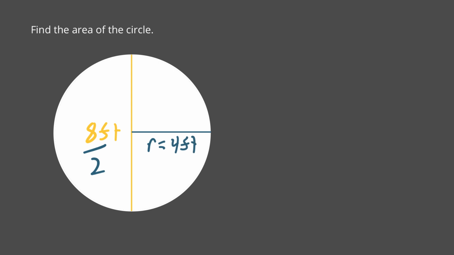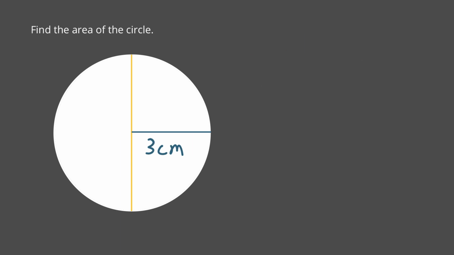Now we can plug that into our area formula. We have pi times 4 squared. 4 squared gives us 16 pi, and then we have to square our units, so feet squared, or square feet. That should be your final answer.